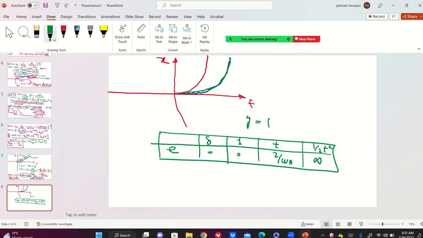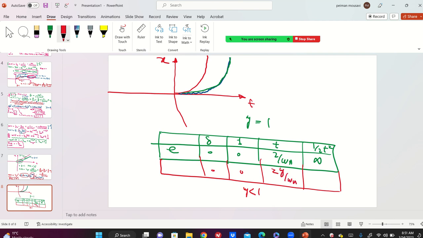That's it. The same. Remember, for the underdamped system it was the same. Only that we had zeta there, but here zeta is 1.